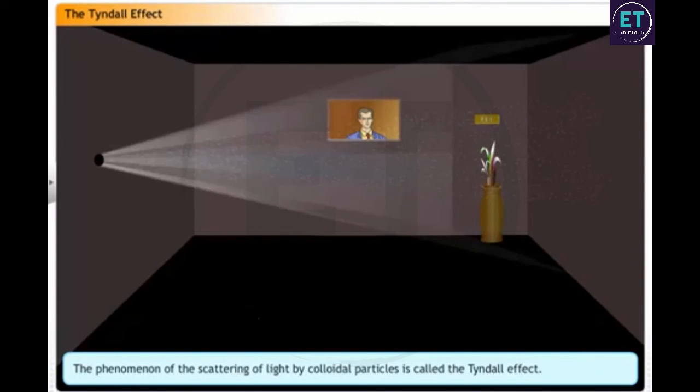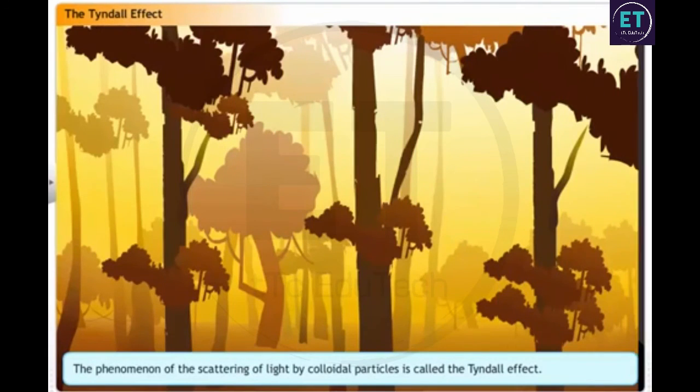This happens due to the scattering of light by the particles of dust and smoke in the air. When sunlight passes through the canopy of trees in a forest, you can see the Tyndall effect at work again. In the forest, mist contains tiny droplets of water, which act as particles of colloid dispersed in air.